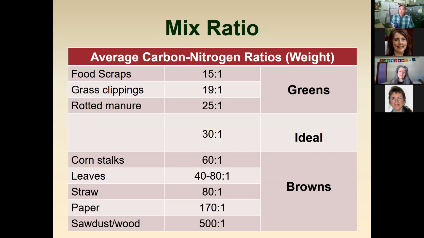Those are high nitrogen, and those need a smaller portion of brown items, the dried leaves, paper, sawdust, to go with them. And you mix it all up. And then for compost, your goal is you just want it to smell like dirt.